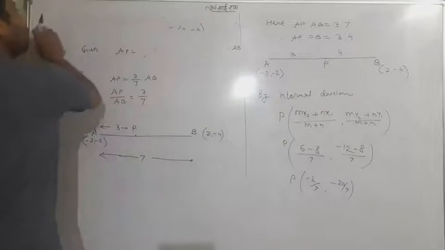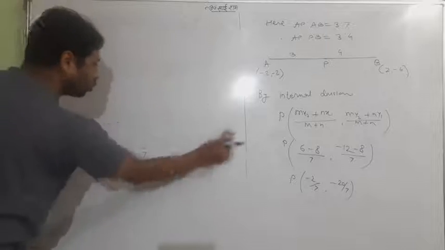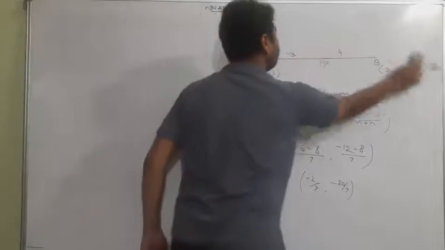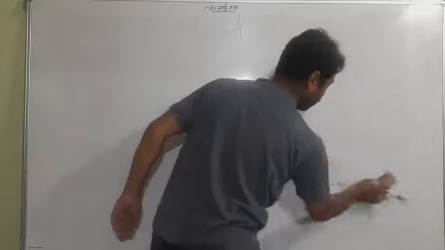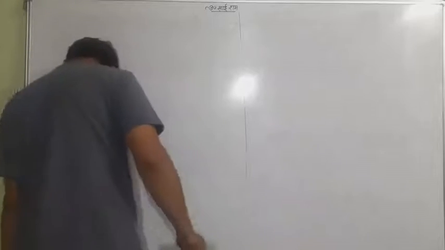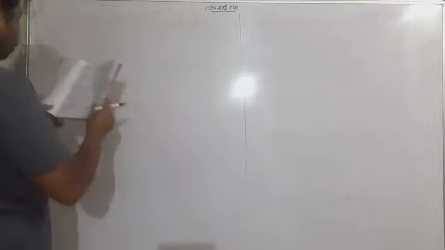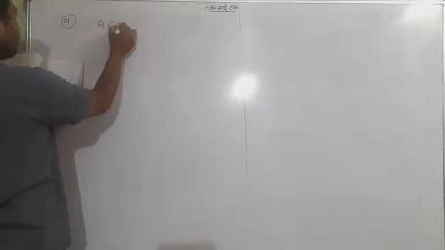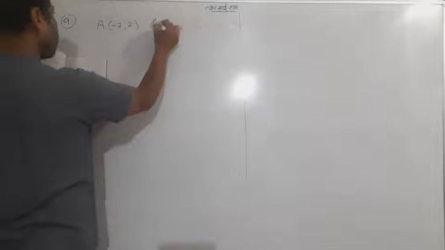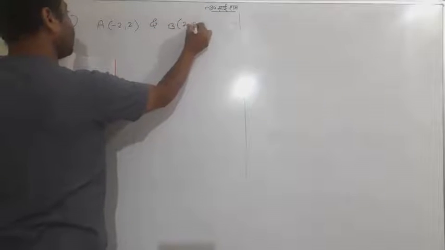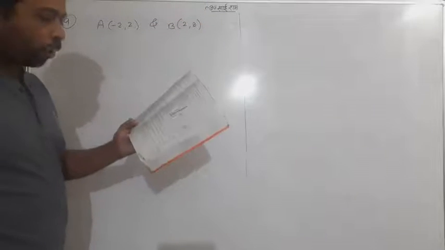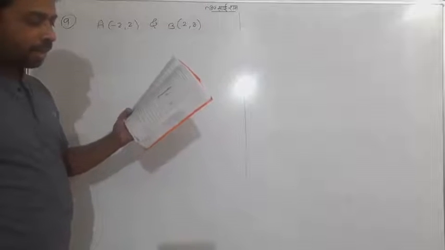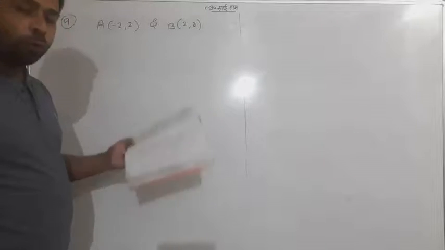Further on this we have some questions to tell you. So let me see from the book. Look at question number 9. The question says: if A is (-2, 2) and B is (2, 8), find the coordinates of the points which divide the line segment AB into 4 equal parts.